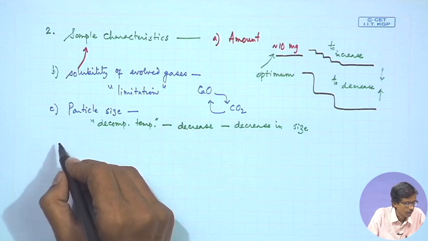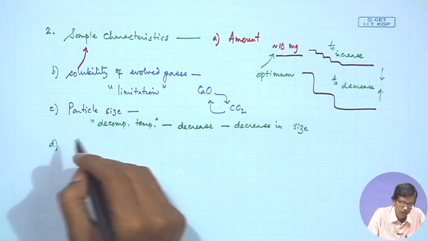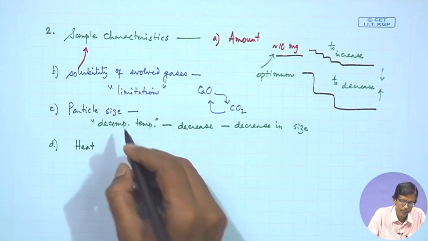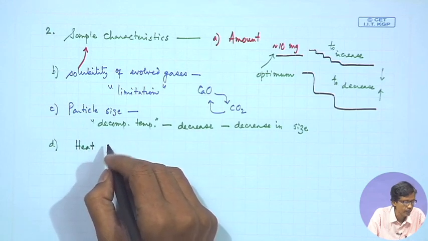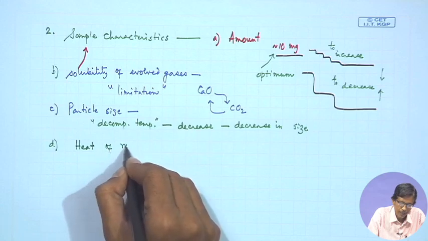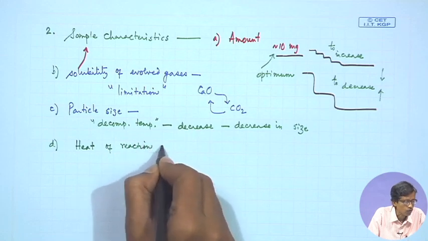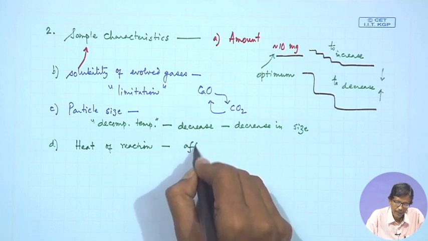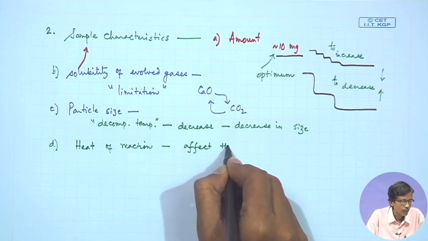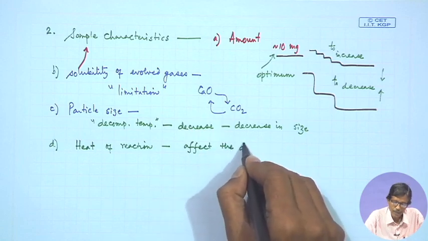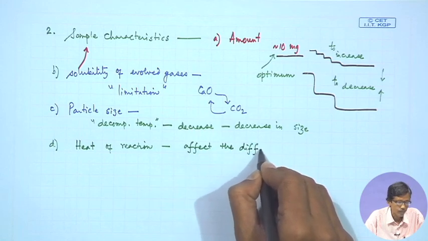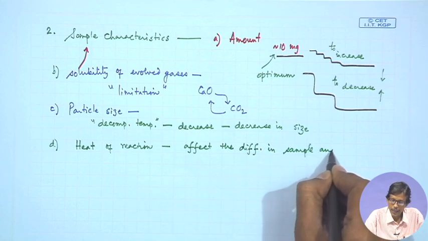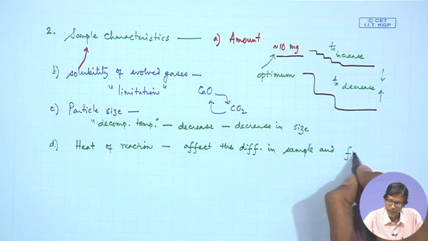Then one more important property is the heat of the reaction. We do not know anything about the heat of the reaction when we first do it. So, heat of reaction can also play some important role, as it can affect the difference in sample and furnace temperature.